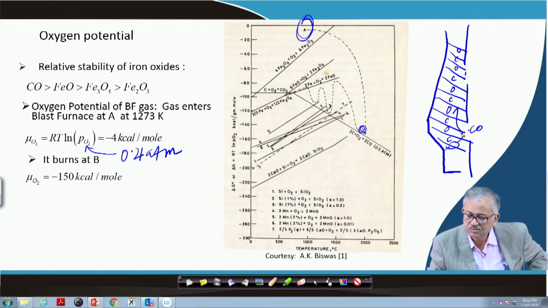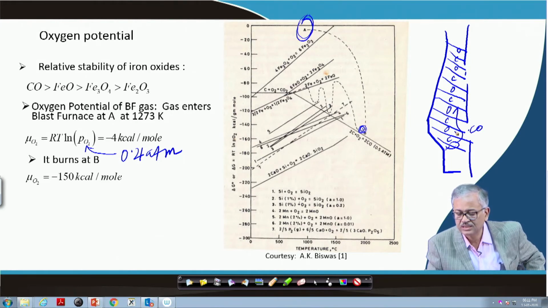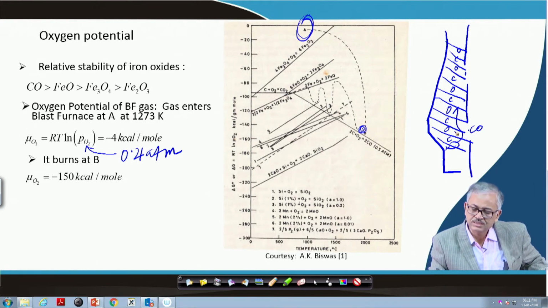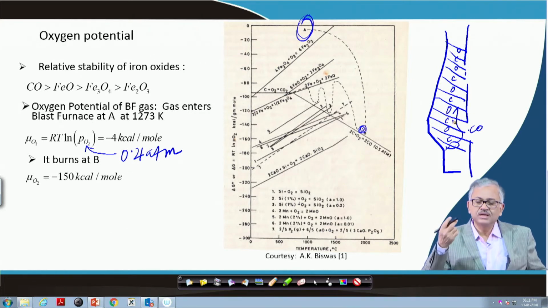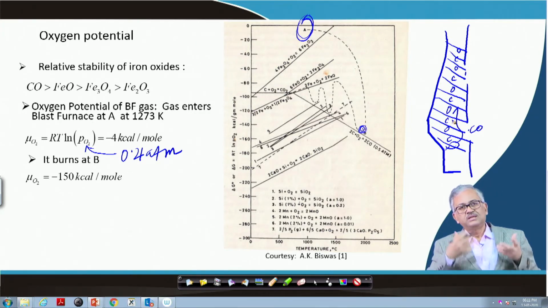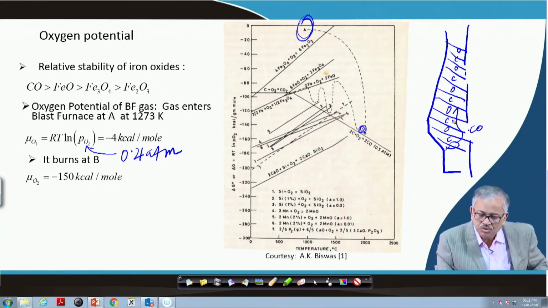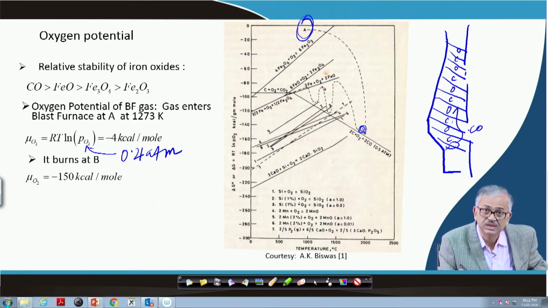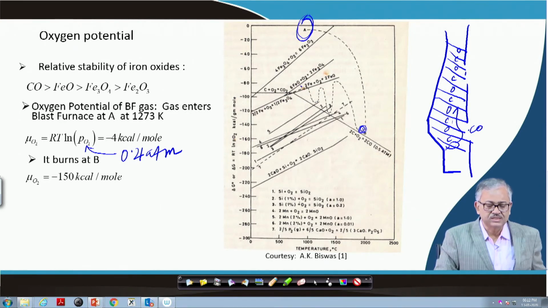So, oxidation potential will increase as the gas encounters the ore layer, and then subsequently when again it encounters the carbon coke layer, again the CO will form and its reduction potential will increase, or oxidation potential will decrease. So, this is the way the potential again will come down, and when again it encounters the ore layer, it will increase, and then decrease, increase, decrease like this.